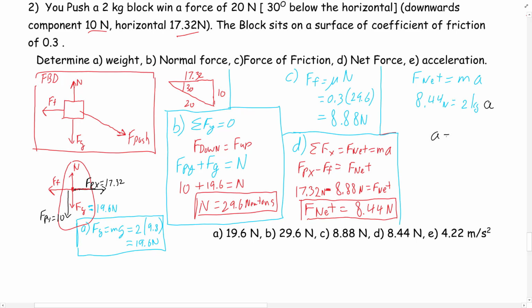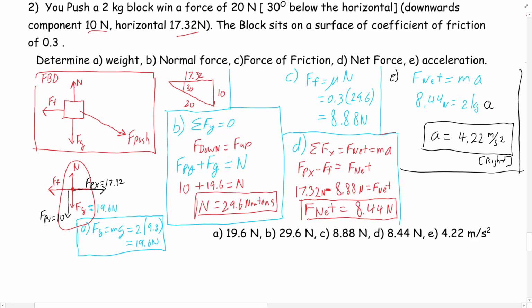So the acceleration is going to be 8.44 divided by 2, sorry. And that's going to be 4.22 meters per second squared. And again, that would be to the right if we were going to worry about the direction of the push. And that's E.